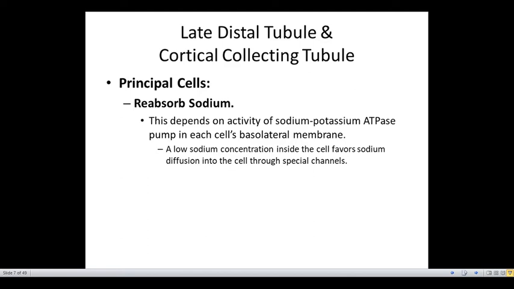Principal cells reabsorb sodium. This depends on activity of the sodium-potassium ATPase pump in each cell's basolateral membrane. A low sodium concentration inside the cell favors sodium diffusion into the cell through special channels.